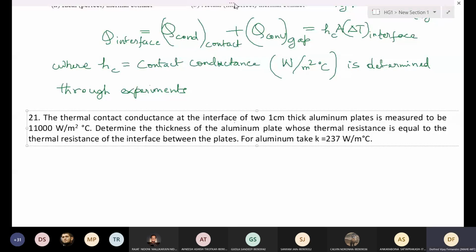Okay, we'll do one problem of this thermal contact resistance.